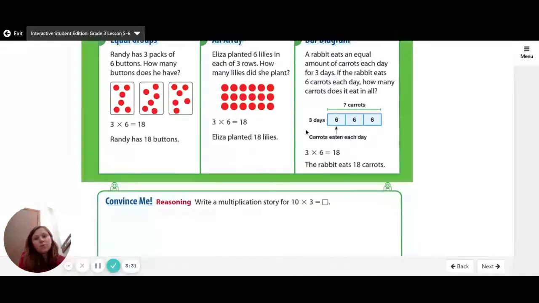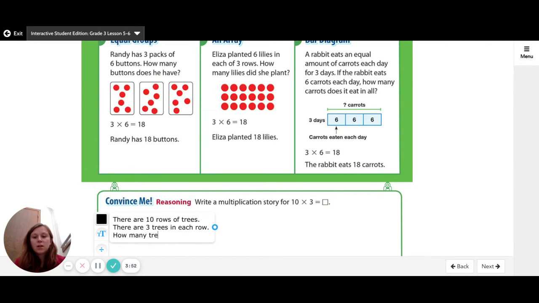Since we did the last one with the groups, we can try to do this one with the rows and columns. So I could think about maybe trees. We could say there are 10 rows of trees. There are 3 trees in each row. How many trees are there in all?